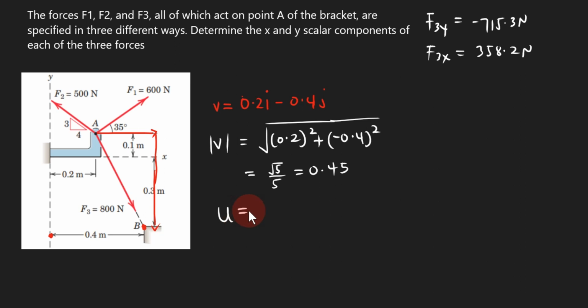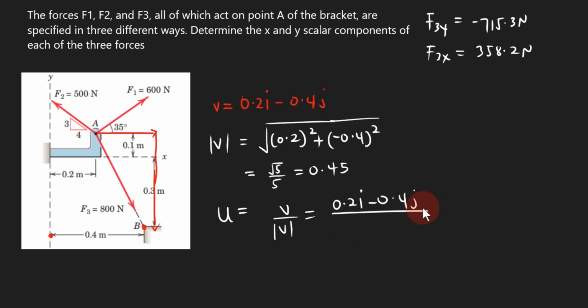Now to find the unit vector of this position vector, which I name as u, that will be equal to the vector divided by its magnitude. So we know the vector to be 0.2i minus 0.4j, right?